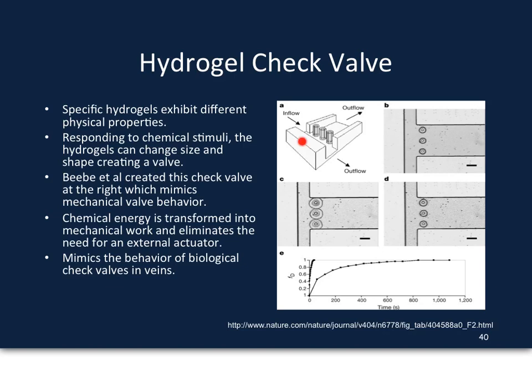You have PDMS structures here and here, essentially these channels. If you have some inflow here, or some inflow, outflow, these two different channels that you might be getting flow coming out of the device from, you can put up essentially these hydrogel posts, and different hydrogels exhibit different physical properties and respond to specific chemical stimuli.